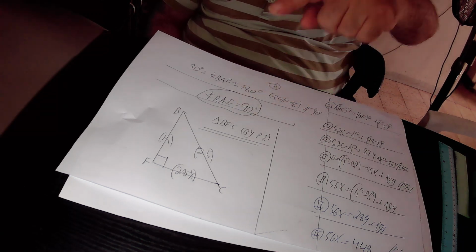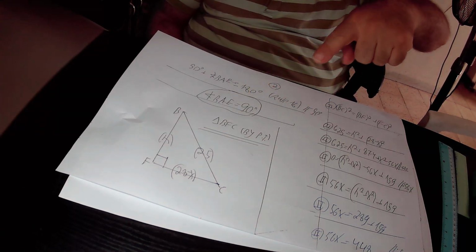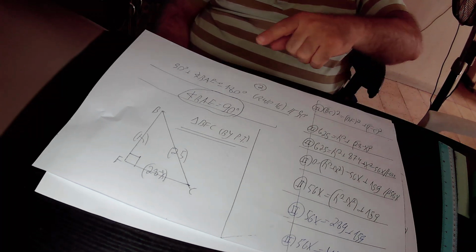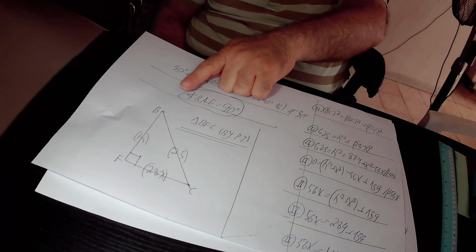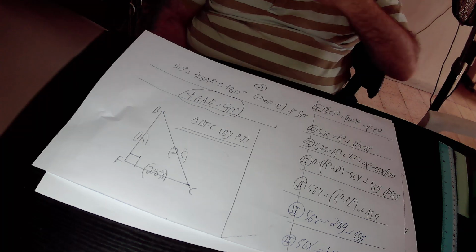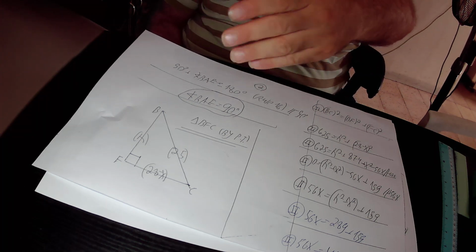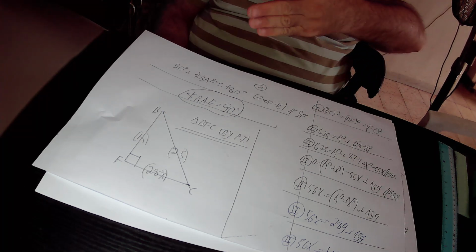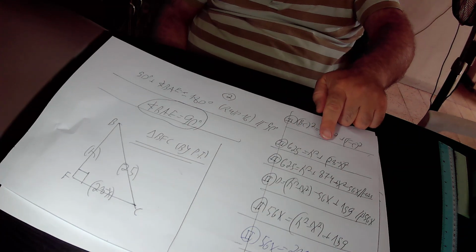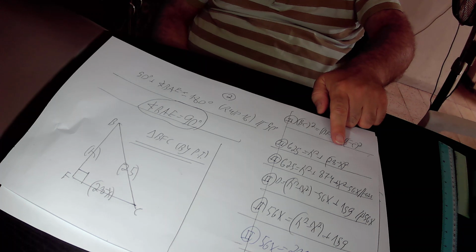BC is 25, therefore BC squared is 625, and it equals BF squared. BF is h, therefore BF squared is h squared, plus FC squared. FC is 28 minus x, therefore FC squared is (28 minus x) squared. So in total, according to the Pythagoras theorem, 625 equals h squared plus (28 minus x) squared.